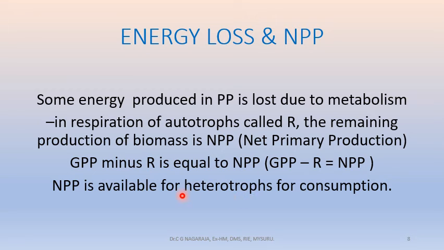But we consider the larger area, that is heterotrophs, where hetero means different and trophic means eating habit. These have different habits. For all that, the primary energy has to come from the plants only by means of NPP.